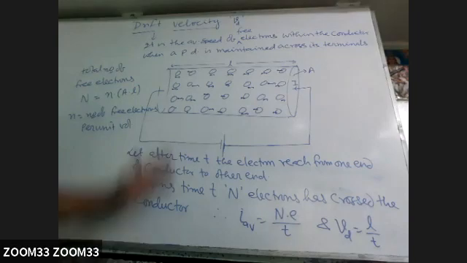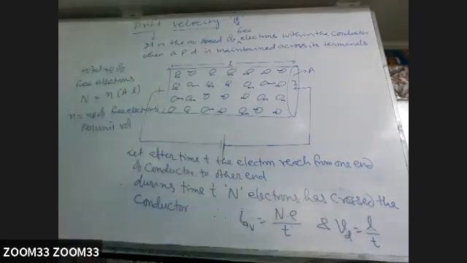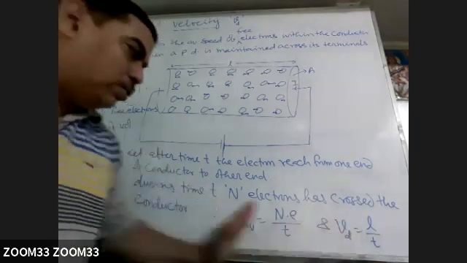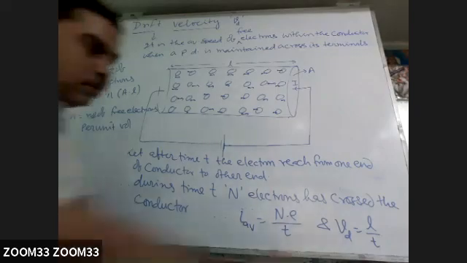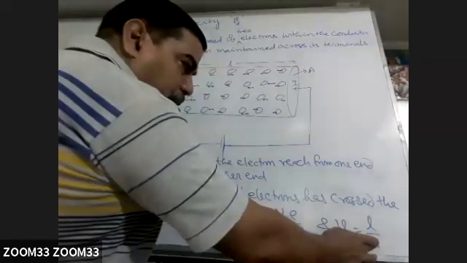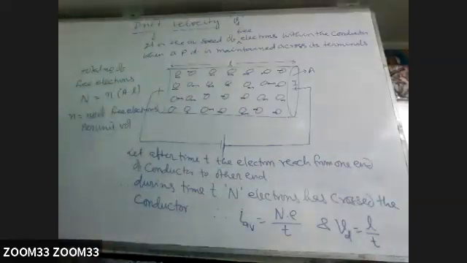So the average velocity of the electron will be this by this. Got? So how are these two related? From here we can find the value of T and substitute here.